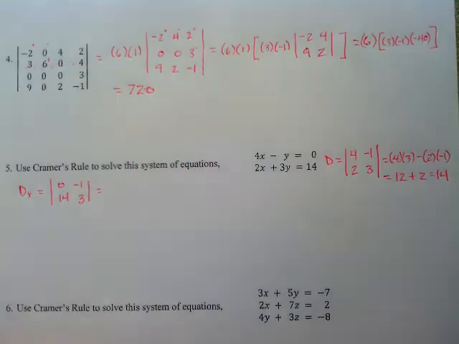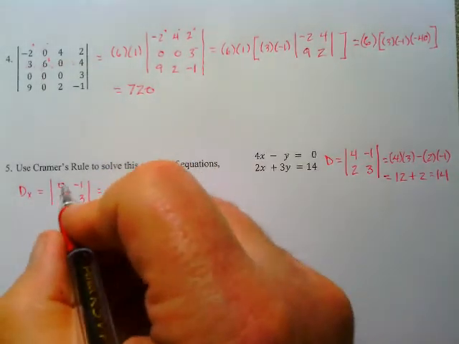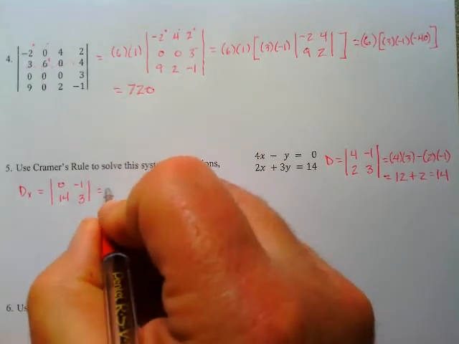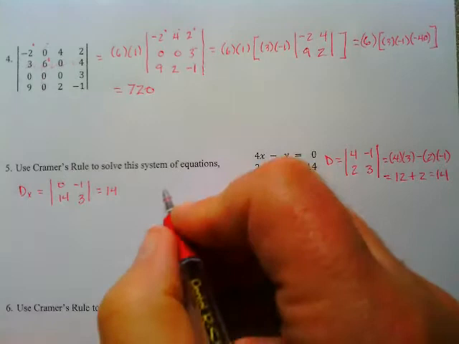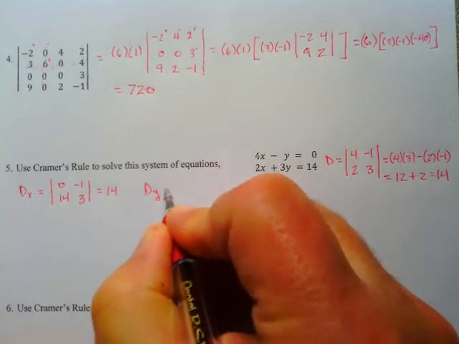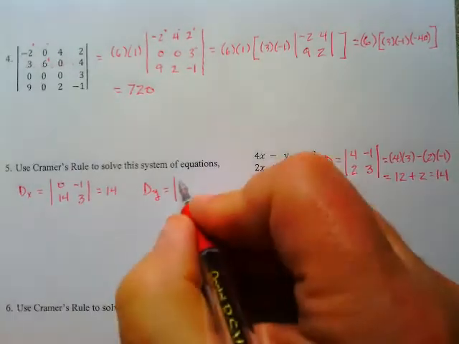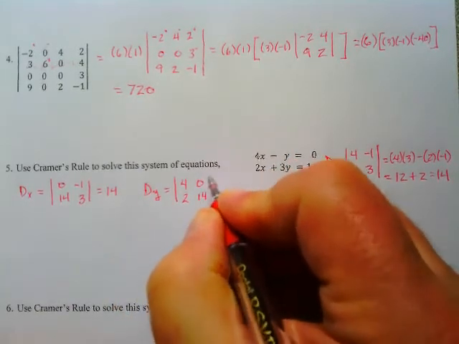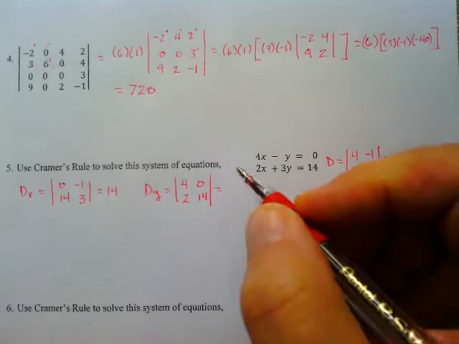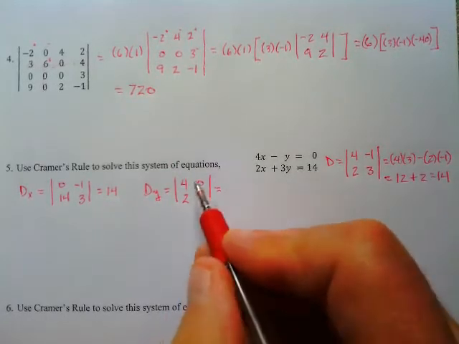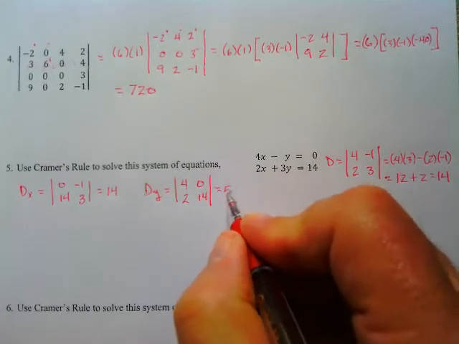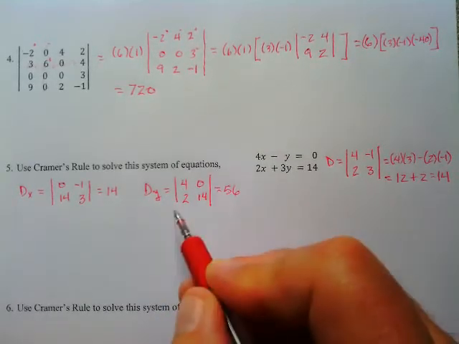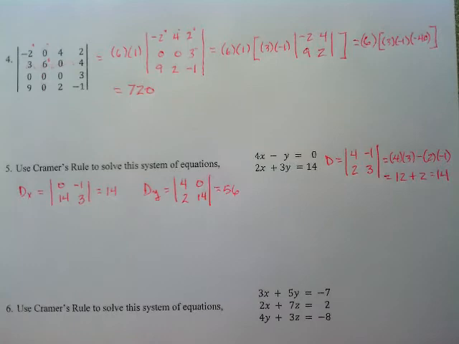So that will be 0, subtract a negative 14, so that'll be 14. And then the dy, now we're going to replace the second 2 with the 0 and the 14. And here, that'll be 56, subtract 0, and so that'll be 56. Again, 4 times 14 is the 56, subtract that diagonal, which is 0.